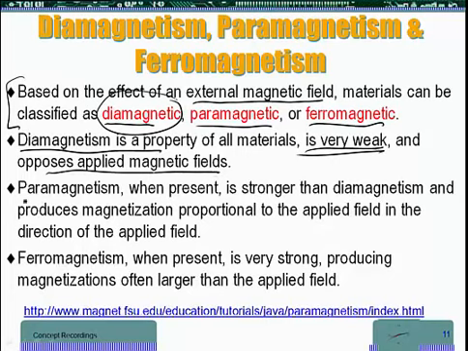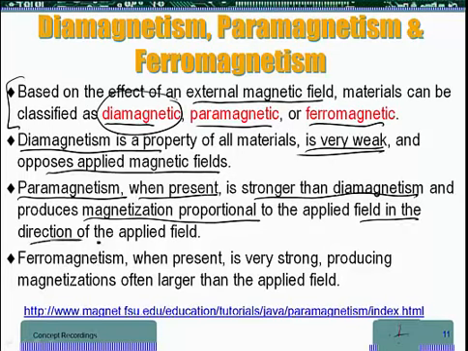In the case of paramagnetism, it's not going to be in all materials. It is stronger than diamagnetism, but in this case, the magnetization is proportional to the applied magnetic field. It's going to be proportional and in the same direction.